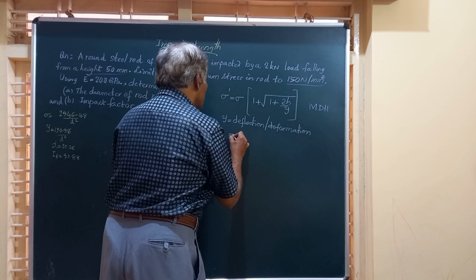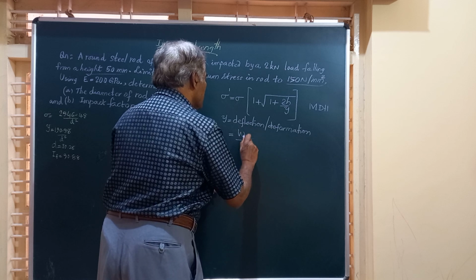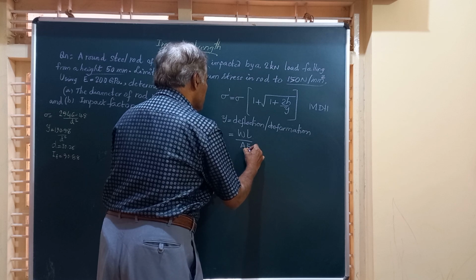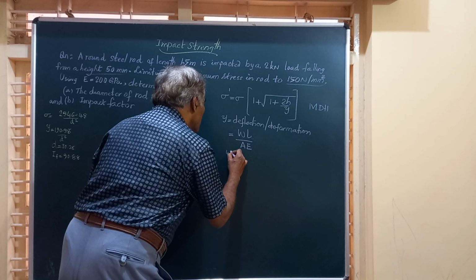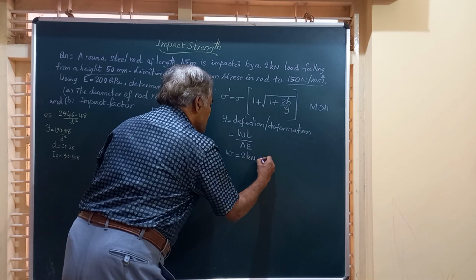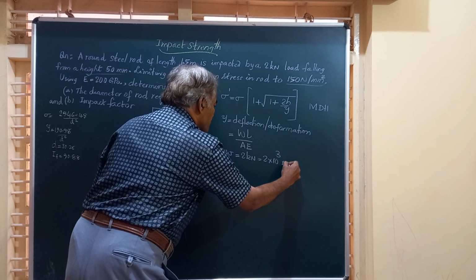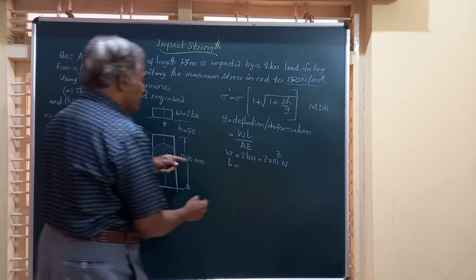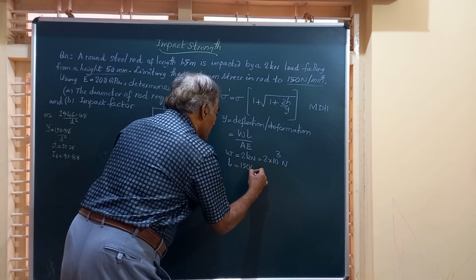Friends, for axial load, this is given by PL by AE, or WL by AE. What are these terms here? W is the load that is given to be 2 kilonewton, that is 2 into 10 to the power of 3 Newton. L is the length of the member, given to be 1.5 meter, that is 1500 mm.